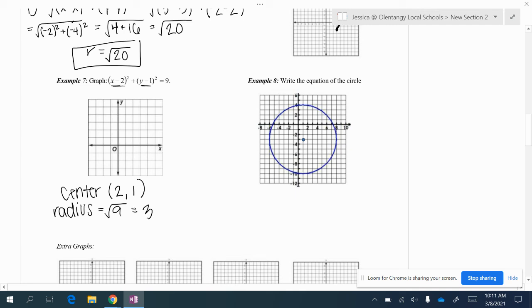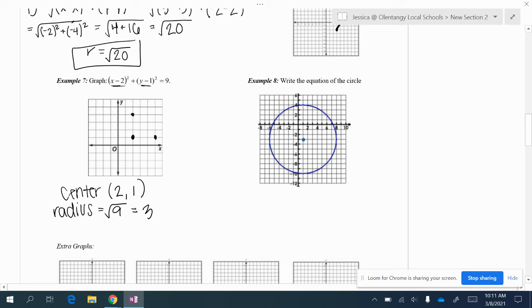Now, to graph this, I would start by graphing your center. So our center is (2, 1). And our radius is 3. Take your center, and always count horizontally or vertically, because then you know you're actually counting 3 units. So 1, 2, 3, here's a point. Start at the center and count 1, 2, 3.